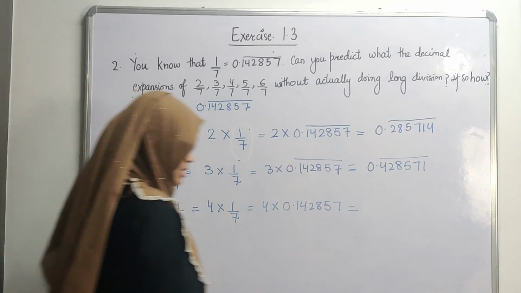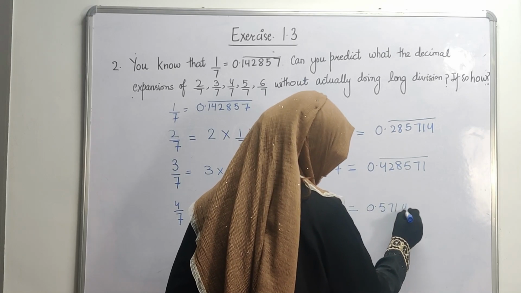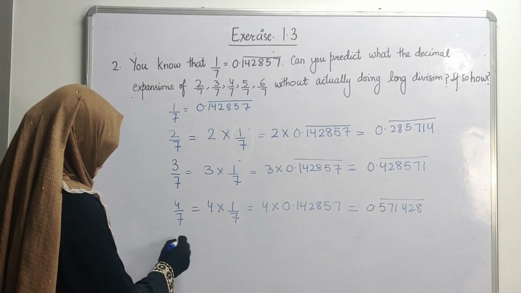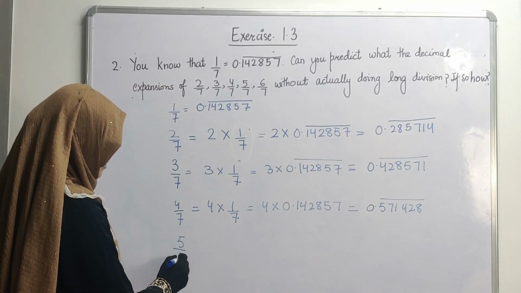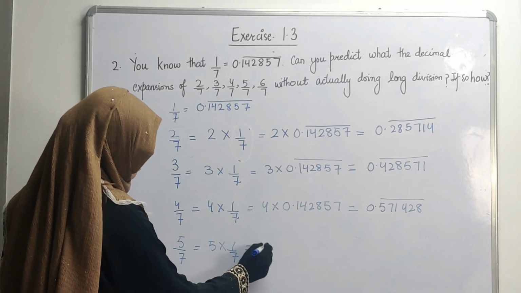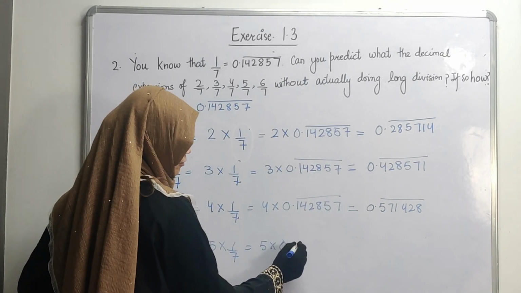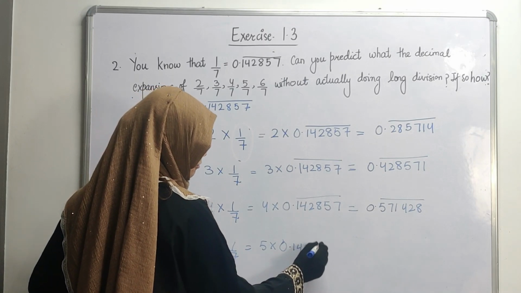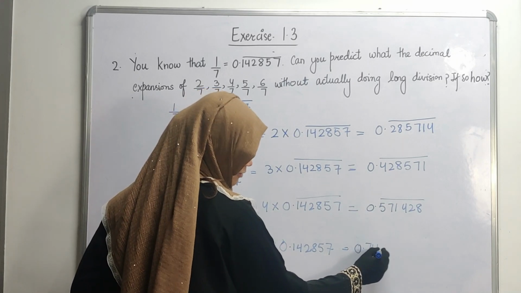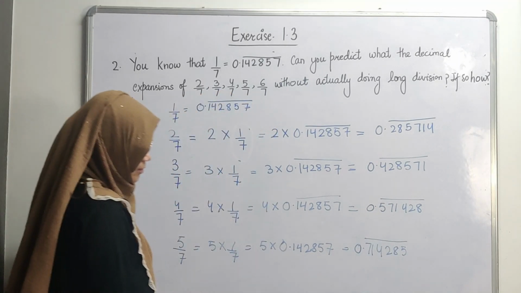The answer will be 0.571428 whole bar. 5 upon 7. 5 multiplied by 1 upon 7. 5 multiplied by 0.142857, and your answer is 0.714285 whole bar.